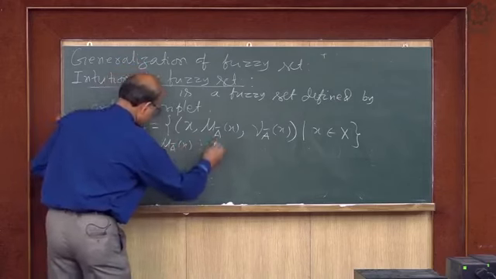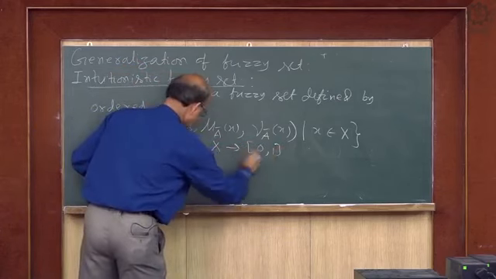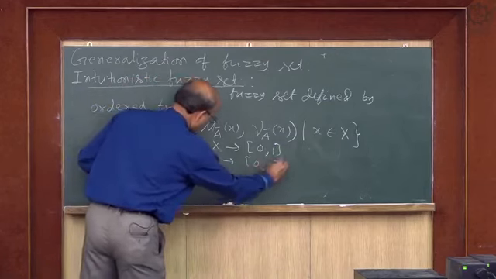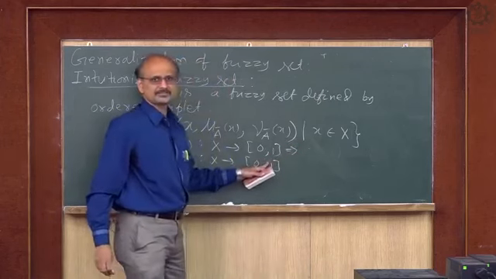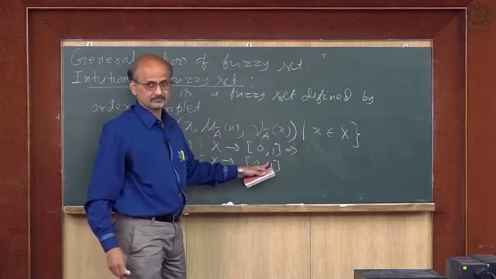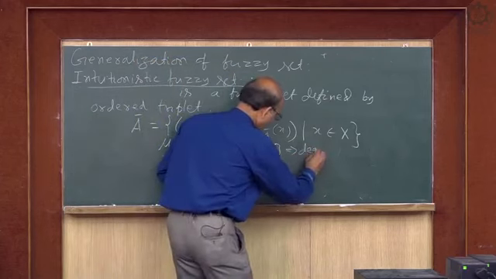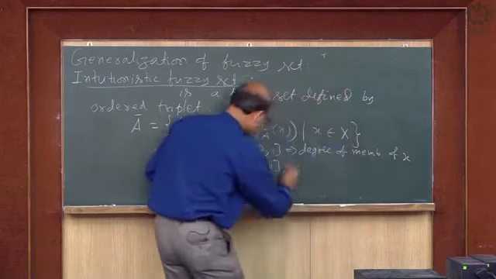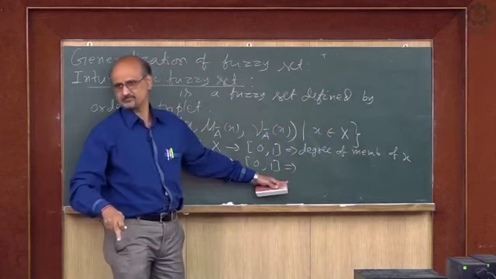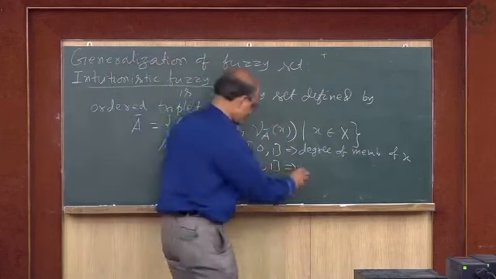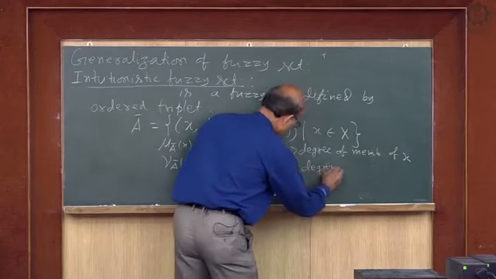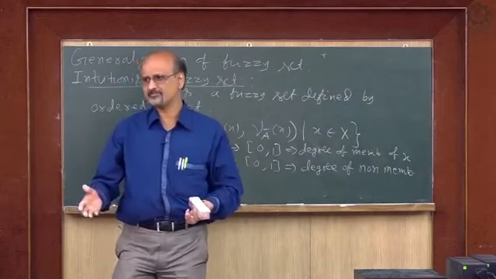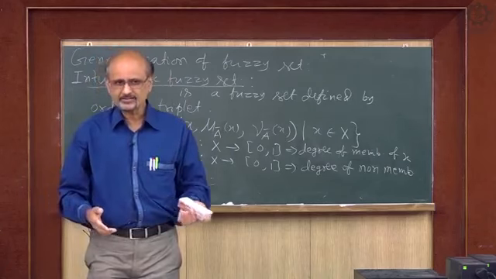Mu A bar x is a function from X to 0 1 and nu A bar x is also a function from X to 0 1, but this actually is the degree of membership of x, and this is actually the degree of non-membership. So we can visualize this very easily for your ordinary fuzzy set.